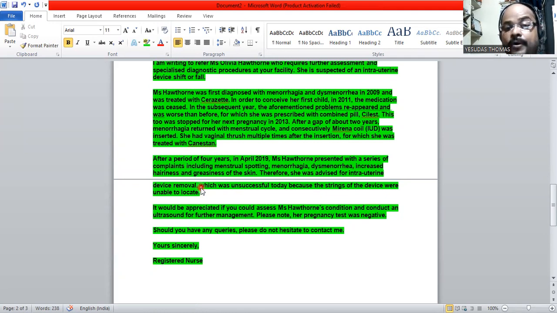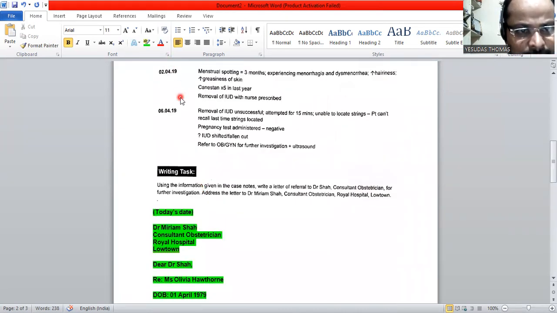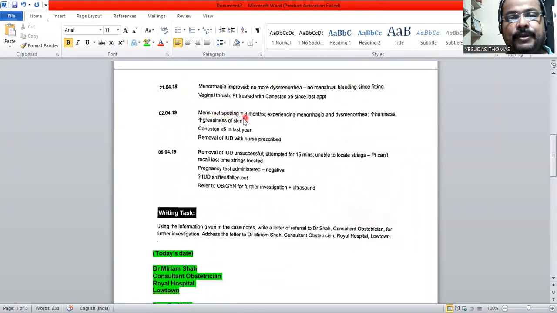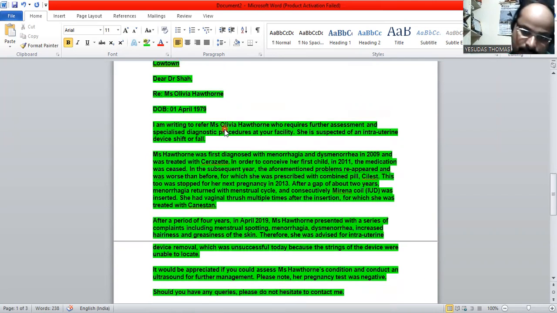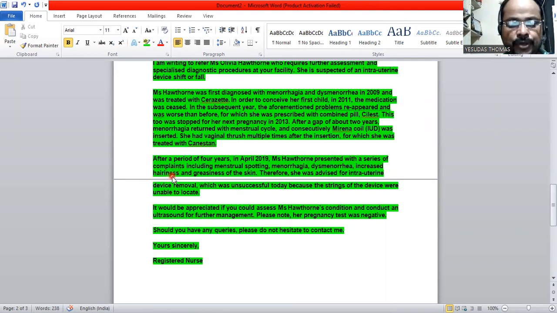Now, after a period of 4 years, in April 2019, Miss Hawthorne presented with menstrual spotting, menorrhagia, dysmenorrhea, increased hairiness and greasiness of the skin.